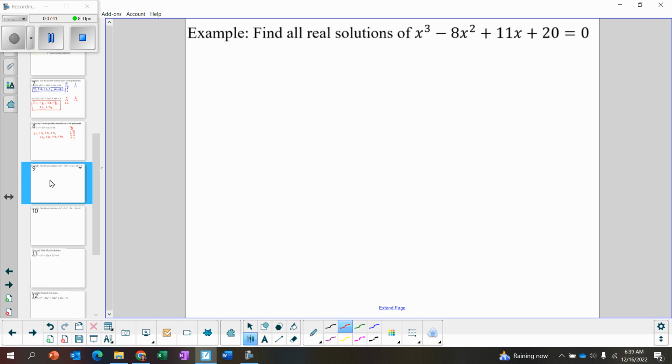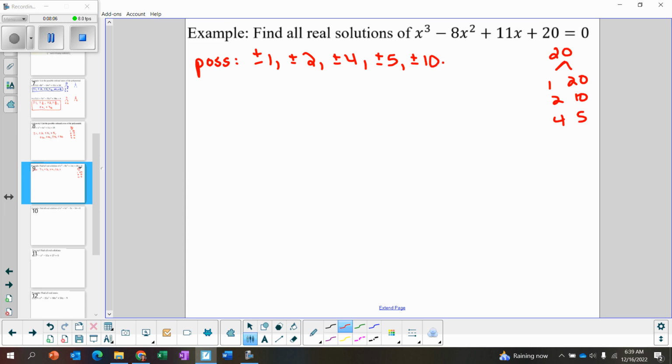So for this problem, we have a leading coefficient of 1 and a constant of 20. So if I make my list, looks like that's all the possible numbers. So my possible answers are plus or minus 1, 2, 4, 5, 10, and 20.